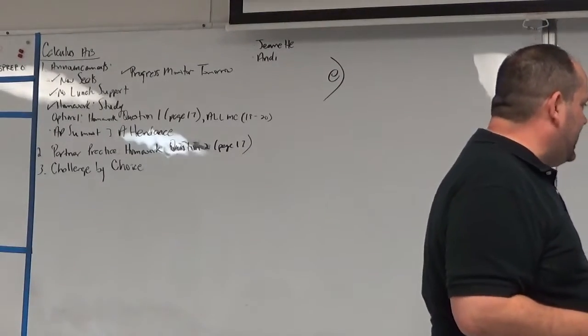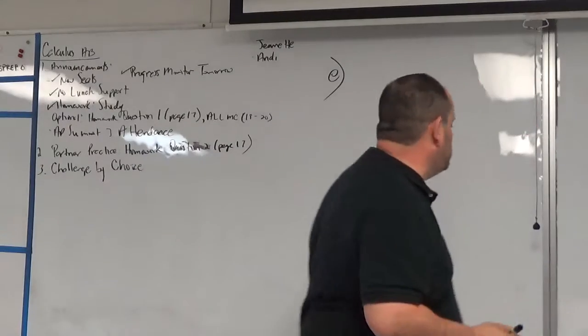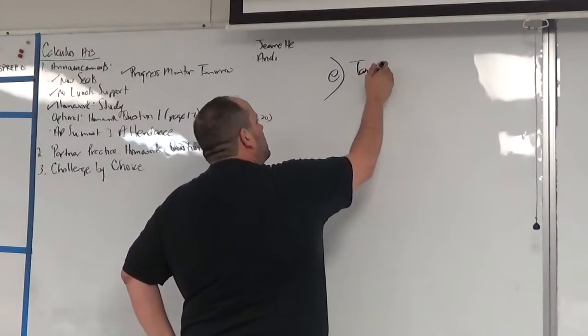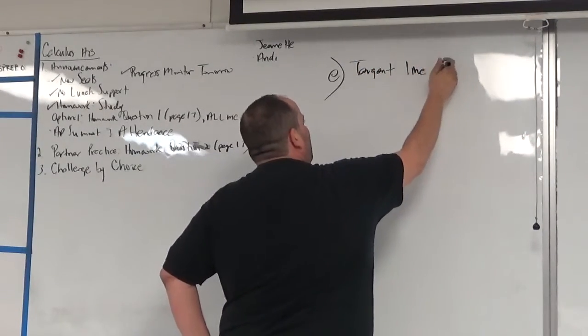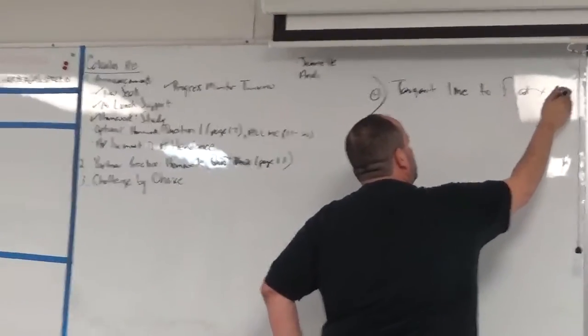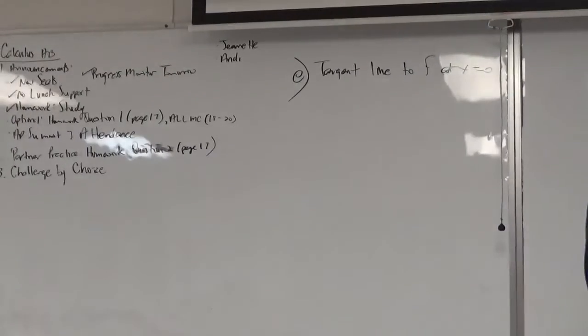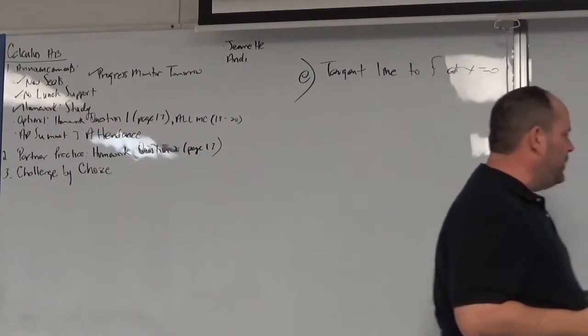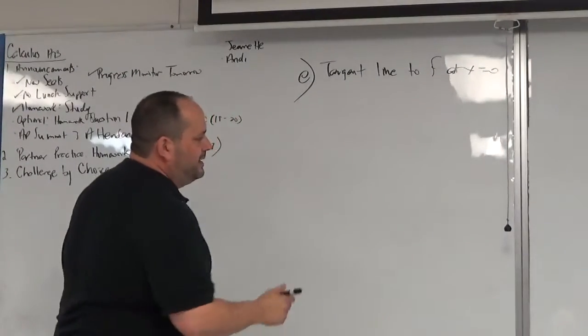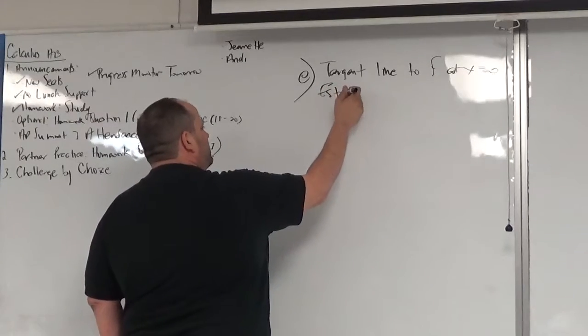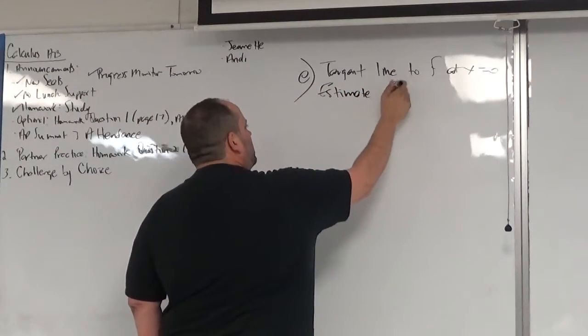Find an equation for the line tangent to the graph of f at x equals 0. Tangent line to f at x equals 0. Using your tangent line, estimate the value at x equals 0.3. Determine overestimate or underestimate.